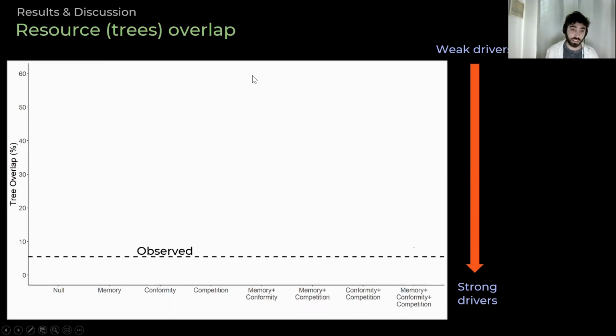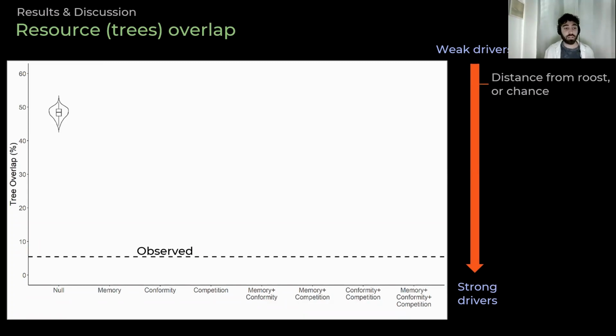If we look at resource or tree overlap, this is the observed value, around 5%. And here on the x-axis, you have the different models, to see whether we arrive at the same tree overlap or not. Let's start with the null model. In the null model, only distance or chance, we have 50% overlap, not even close to the observed.